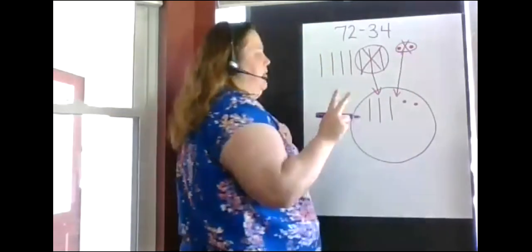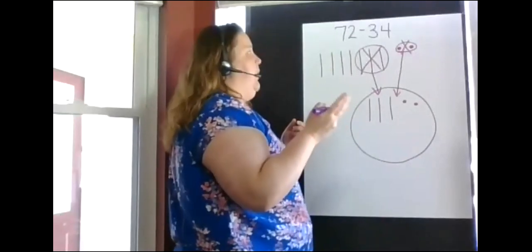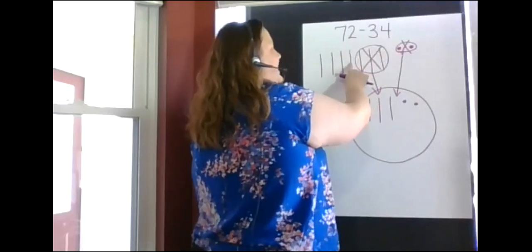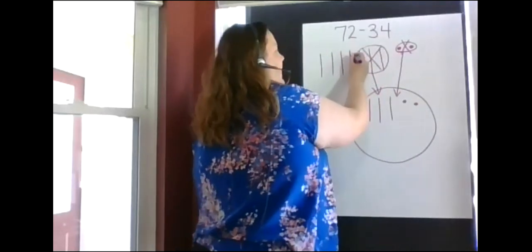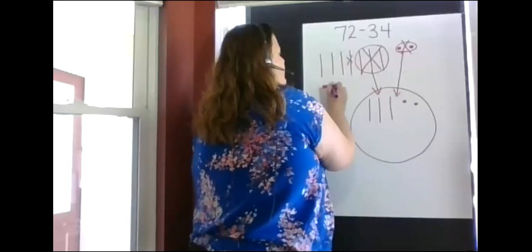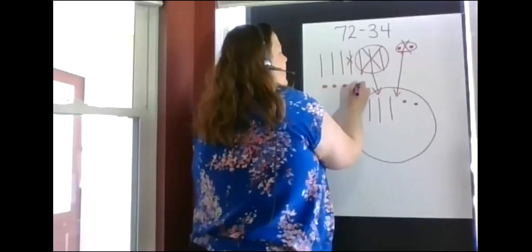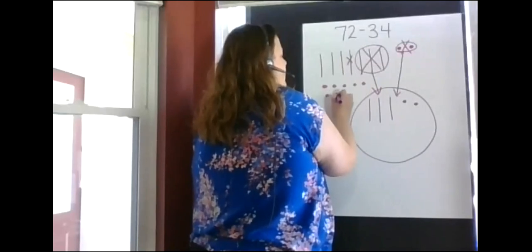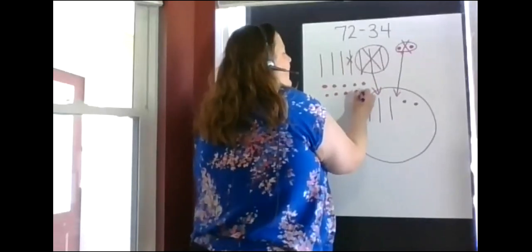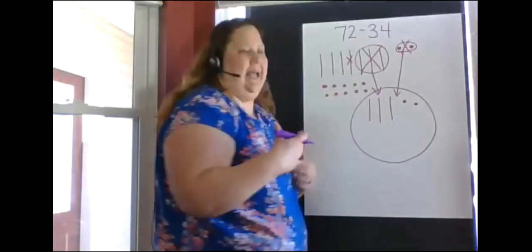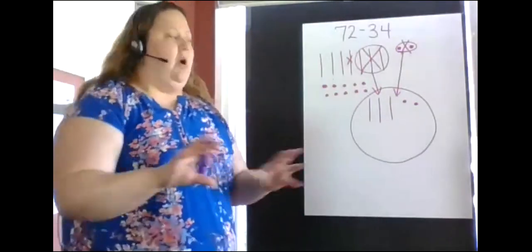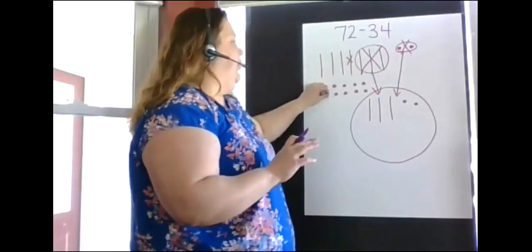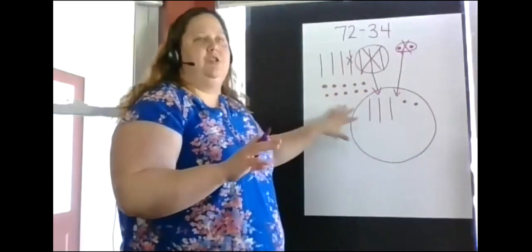But I still need 2 more, because I've only taken away 2 and I needed to take away 4. So I'm going to trade in one of these 10s. This 10 now becomes 10 unit cubes. I want to make sure I'm modeling out those 10 before I take them away, because if I start with the 2 and put them right here, I lose track of that trade.